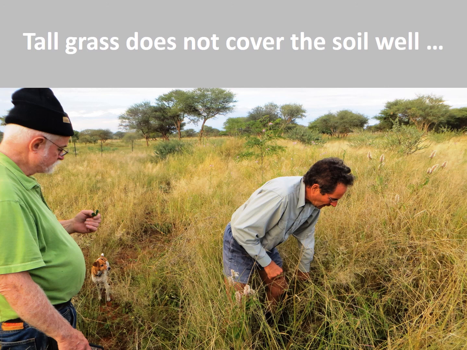It lets the sunshine hit the crowns and stimulate those crowns to divide out into tillers that spread the soil's cover. And then you get denser grass cover. So when you have big tall grass standing there, it actually leaves more soil bare underneath it than if it was trampled down or grazed.